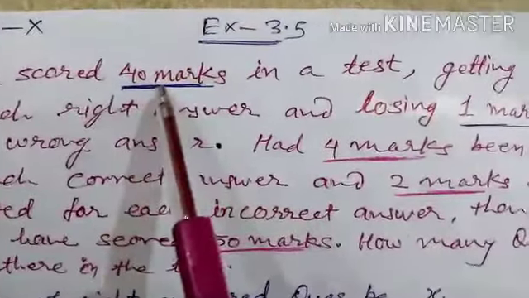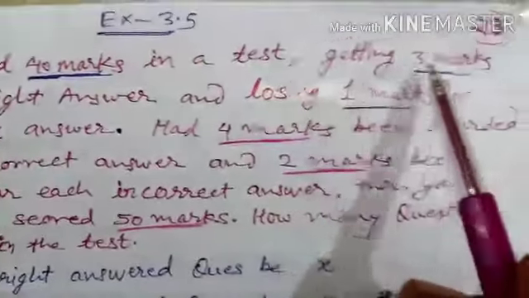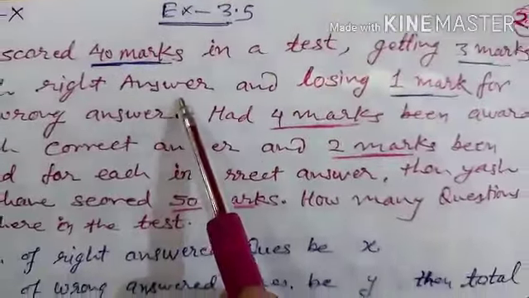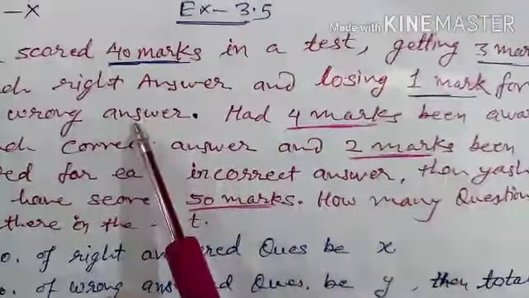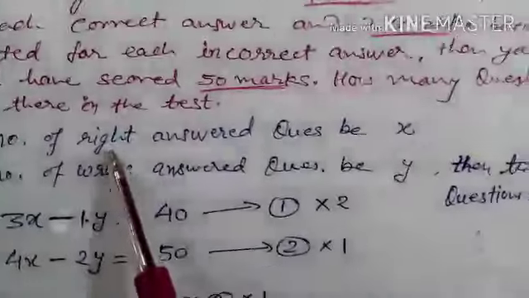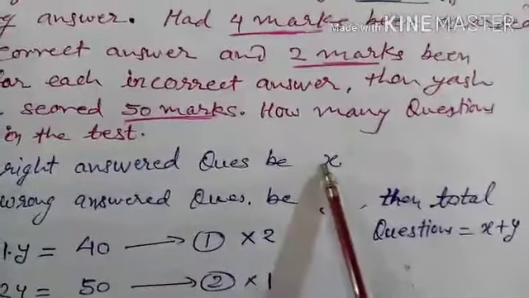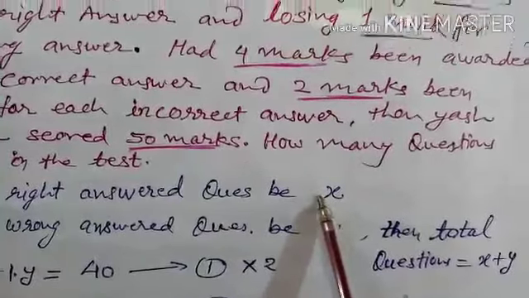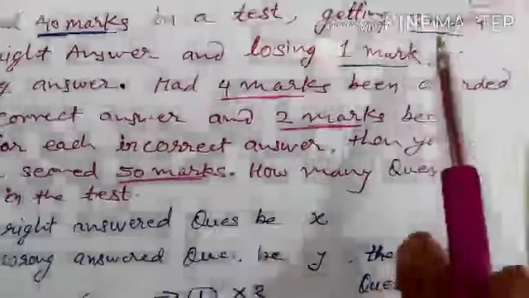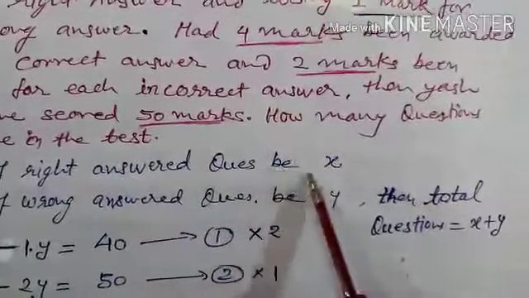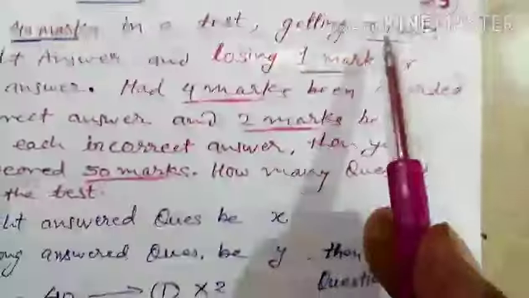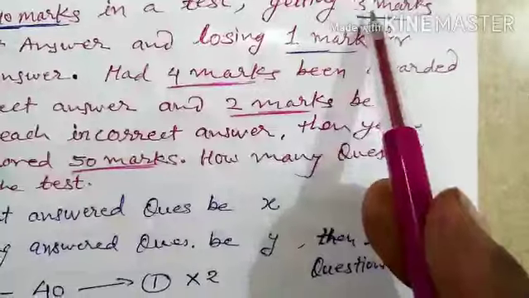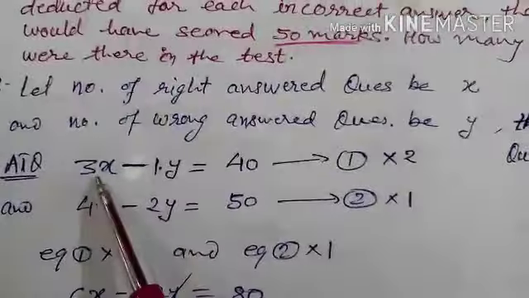Yash scored 40 marks in a test, getting 3 marks for each correct answer and losing 1 mark for wrong answer. Since here number of right answered questions is x, and for every correct answer he gets 3 marks, it will be total 3 into x.